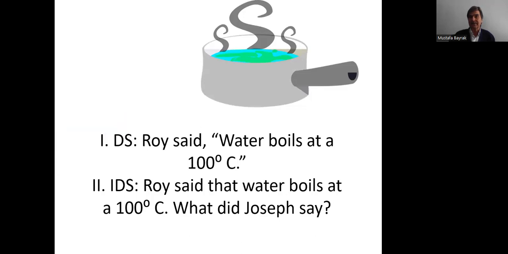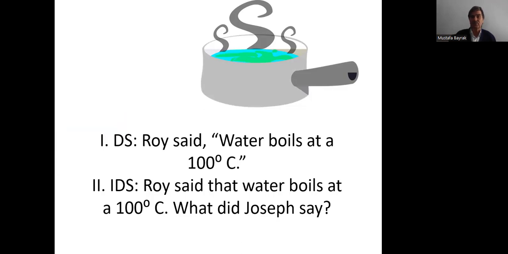For example, 1. Roy said, direct speech, "Water boils at 100 degrees centigrade." Indirect speech: Roy said that water boils at 100 degrees centigrade. What did Joseph say? Joseph said, "If you heat water, it boils."